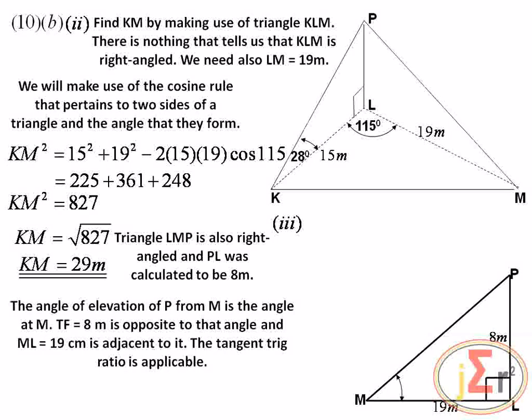So the angle of elevation of P from M is the angle at M because it is taken from M. PL is equal to 8 meters, opposite to the angle, and ML is 19 meters. So ML is 19 meters, and here we have 8 meters.